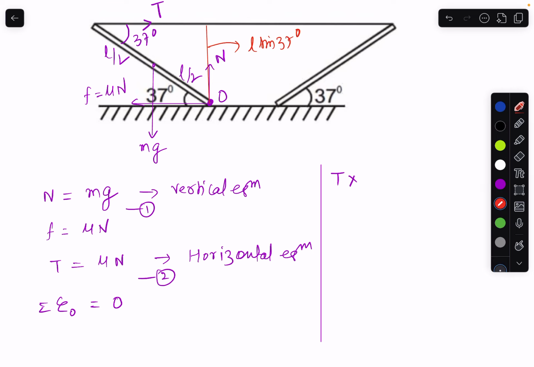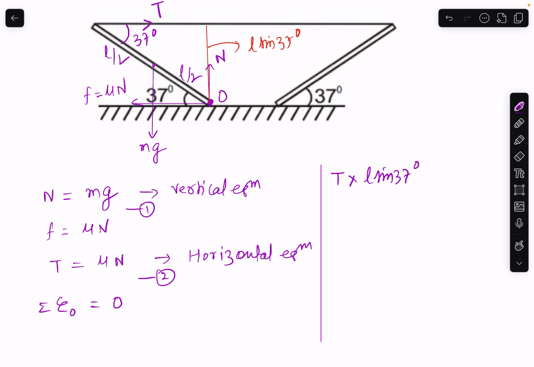So we have T into L sine 37 degrees, and this must be balanced by the torque due to the weight mg. The perpendicular distance of mg from O can be written as L by 2 cos 37 degrees. So the torque of mg will be mg into L by 2 cos 37 degrees.